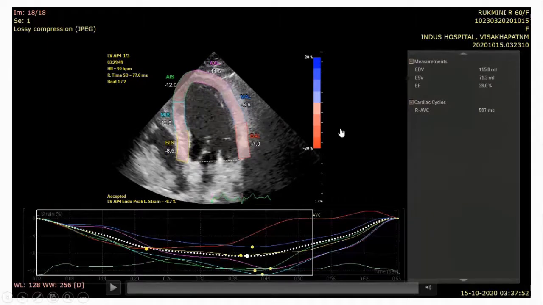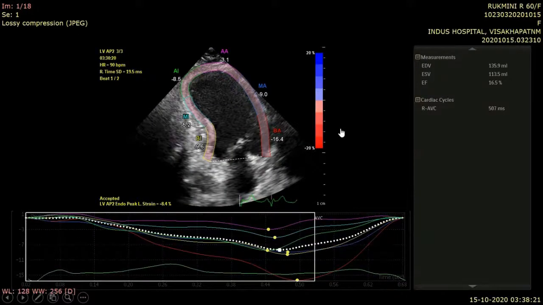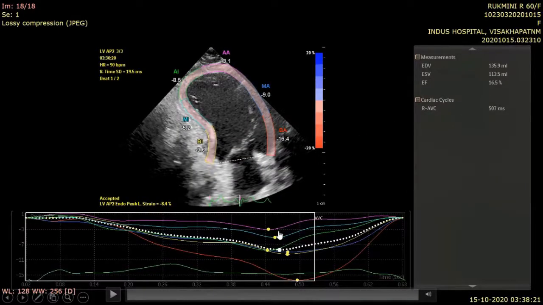This is the apical two-chamber view, where you can see there is a bit of desynchrony here also, and there is a strain of minus 8.4 over here, and biplane EF is 16.5.